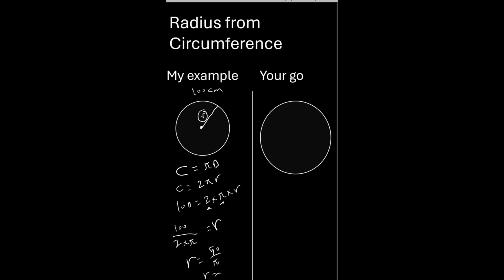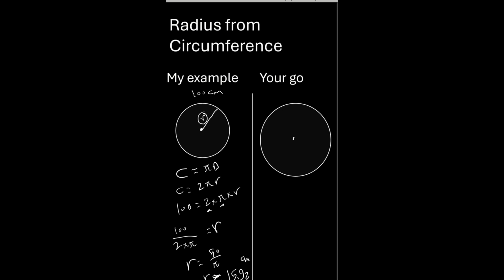I put it on the calculator, and to get pi, we press Shift and 7 on this calculator. On another calculator, it might be something else. So r equals 15.92 centimeters.